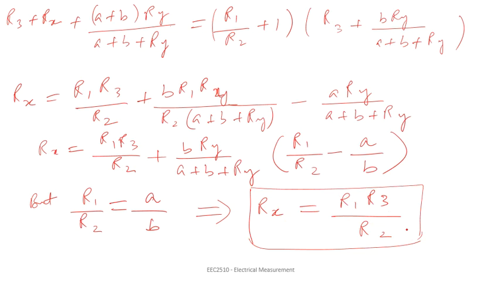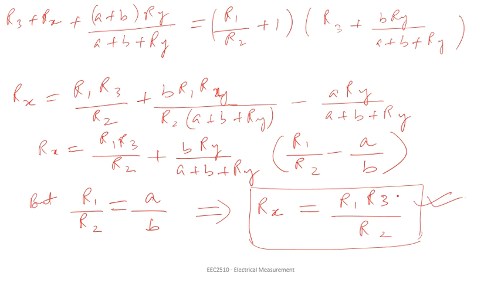This means that this whole part will be cancelled, only this part will remain. So now this is the usual equation for a Kelvin bridge. It indicates that the resistance of the connecting lead Ry has no effect on the measurement, as no component related to the contact resistance is present in the final expression of the unknown resistance.